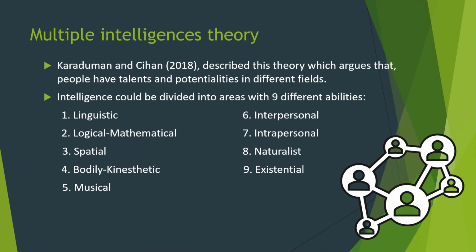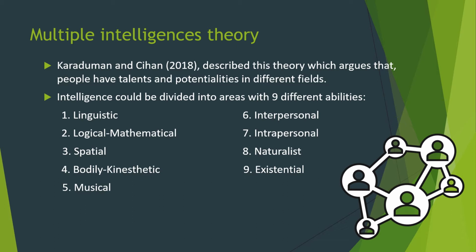The third theory is multiple intelligence theory. Now, Karaduman and Sihan describe this theory, which argues that people have talents and potentialities in different fields. Multiple intelligence theory could be divided into 9 different ability areas.